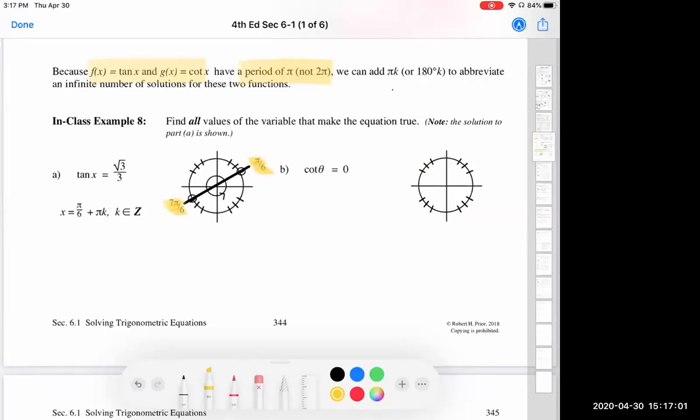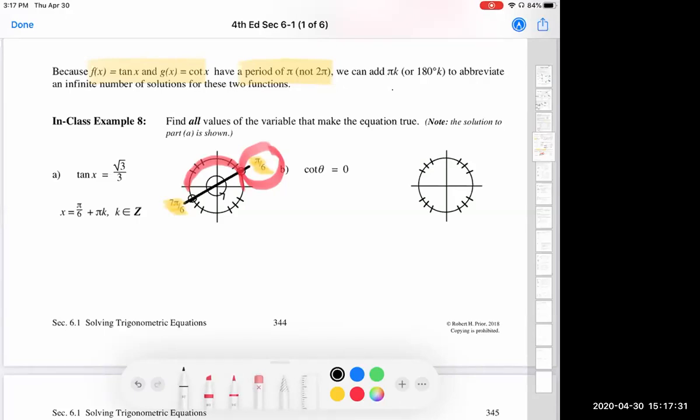But didn't we just say that tangent has a period of pi? So only one of them would work. Only the pi over 6 would work. So our answer would be x is equal to pi over 6 plus pi k, not 2 pi, pi k, where k is contained in Z.